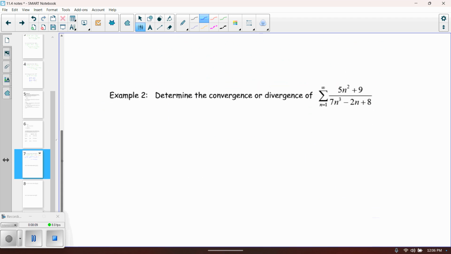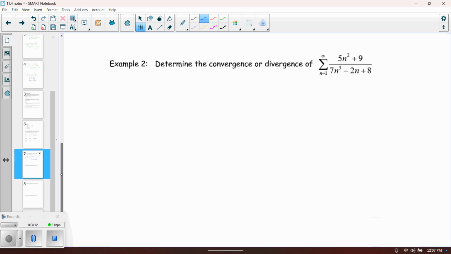All right, number 2. So we've got 5n squared plus 9 over 7n cubed minus 2n plus 8. Again, if you make a hypothesis, looking at your dominant terms, you would have an n squared over n cubed, which is going to reduce to 1 over n. 1 over n is the harmonic series, which is divergent. So we would expect this to be divergent. Let's see if that's really the case.